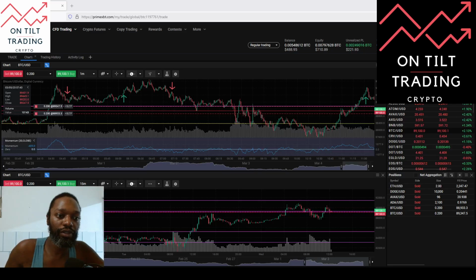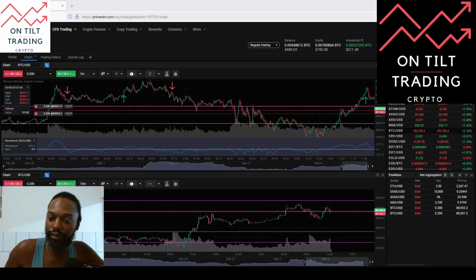So first entry here, volume, momentum in the correct area that I want to see a trade being taken here at R3, but then was stopped out right here when it went past my stop.